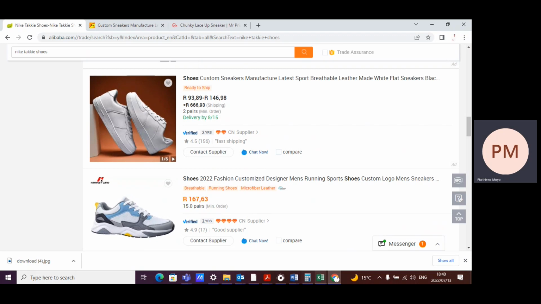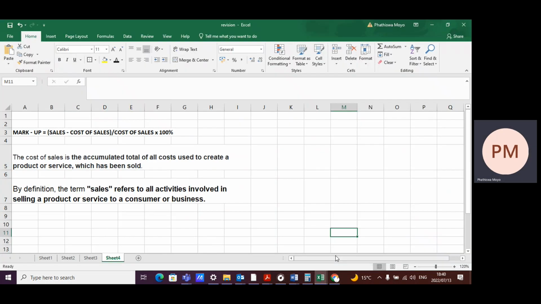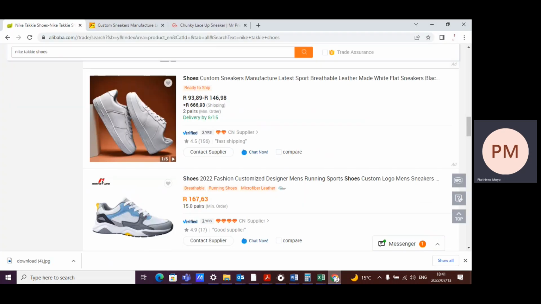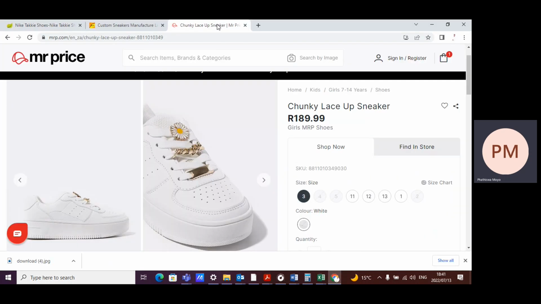So I explained the cost of sales. So now what is sales? By definition, sales refers to all activities involved in selling a product or service to a consumer or business. Now, sales guys are concerned with selling to you, the person who is going to use the item. The factory is not going to use the items.